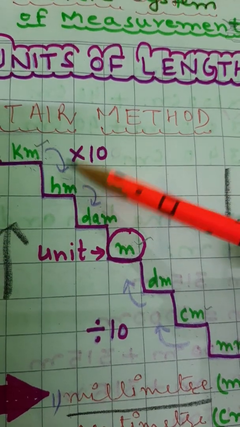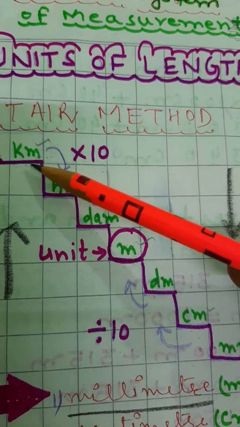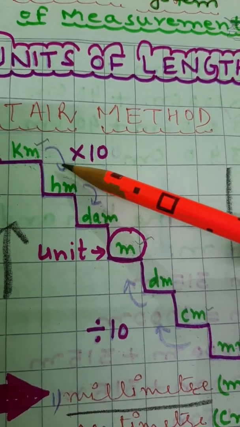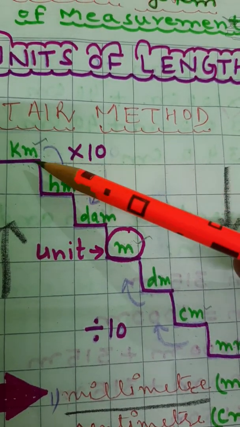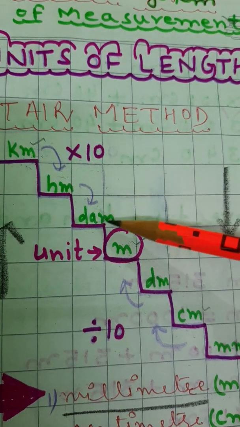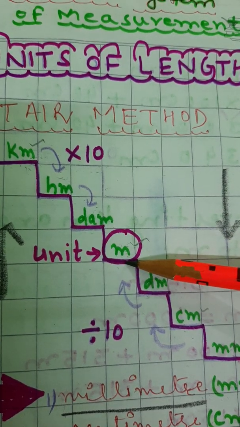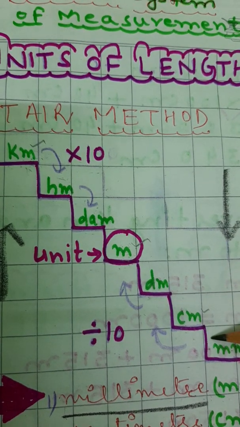As we move down one step, it will be equal to 10. That means 1 kilometer is equal to 10 hectometer, 1 hectometer is equal to 10 decameter, and 1 decameter is equal to 10 meter, and so on.